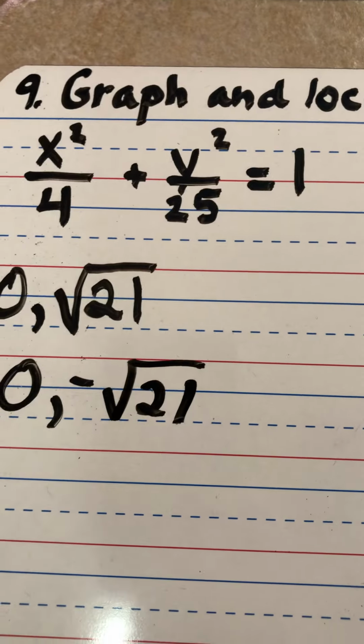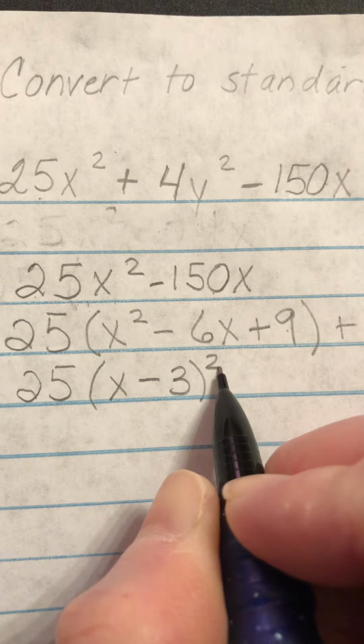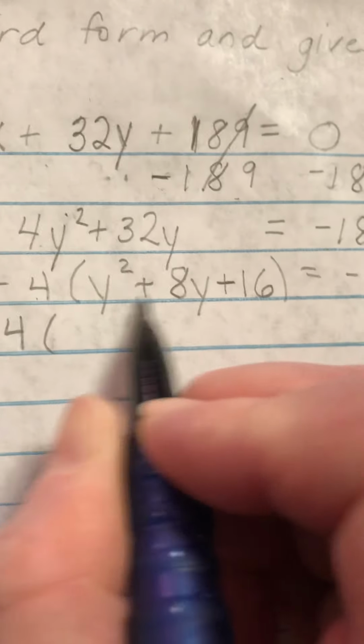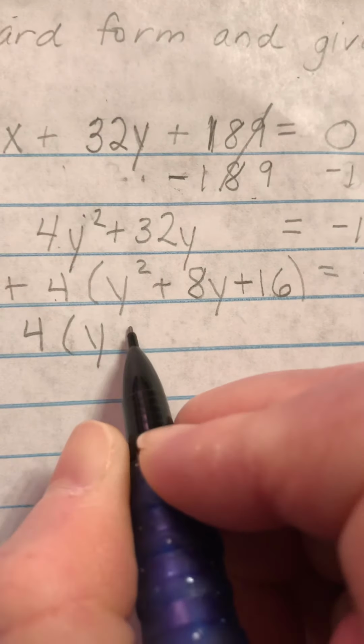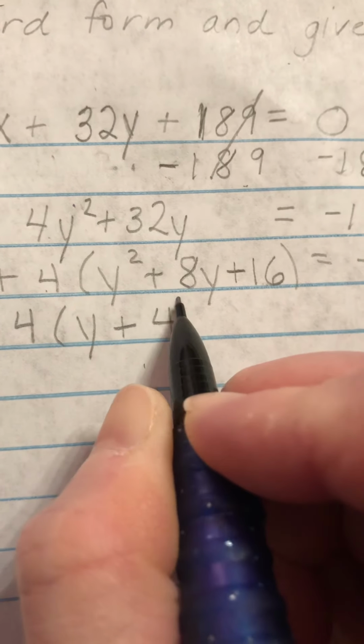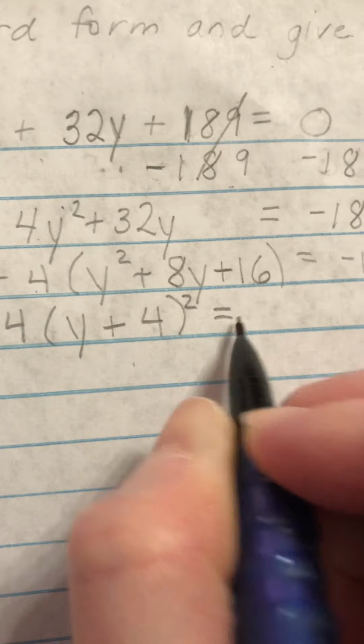So now I'm going to write this perfect square trinomial as x minus 3 squared. And I'm going to write this perfect square trinomial as y plus 4 squared.